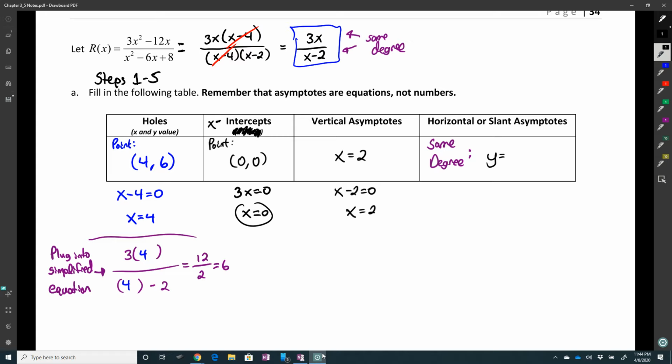The coefficient of the top is 3, the coefficient of the bottom is 1, and so that's just 3. Okay. Now I'm going to erase the 3 over 1. It just looks weird writing it like that. But we end up with just y equals 3. There you go. So steps 1 through 5 of this whole process are done.